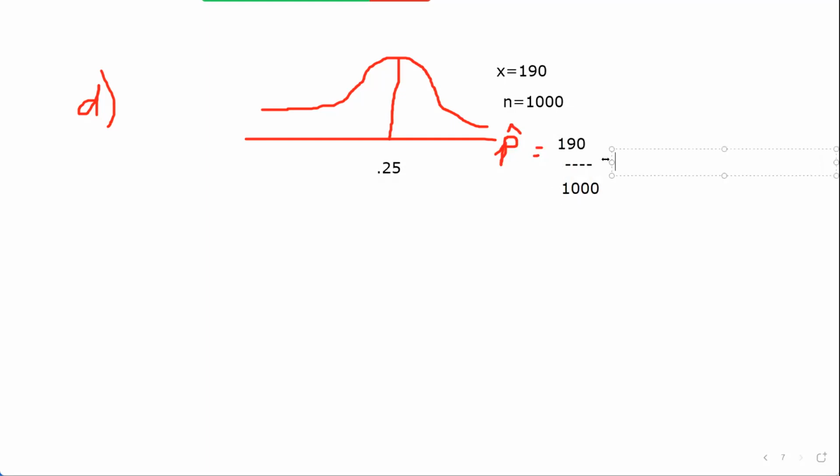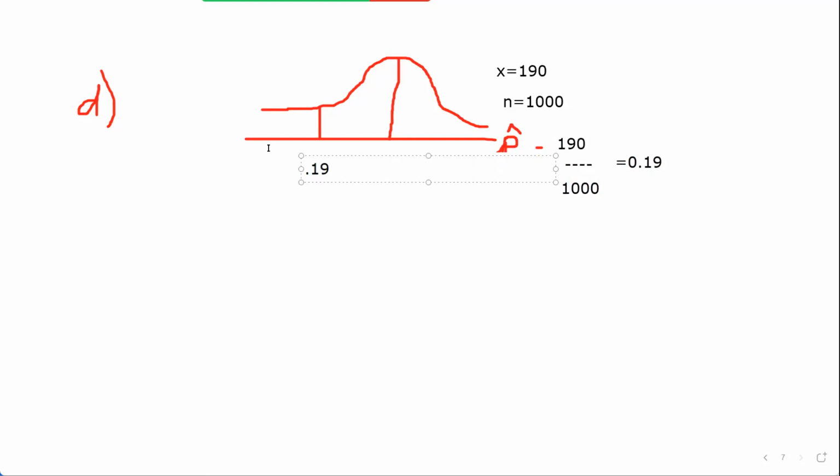And you want at most, so we have 0.19 somewhere on my left, somewhere over here. This is where 0.19 is going to be. So now we want at most that number. So 0.19 is the most.